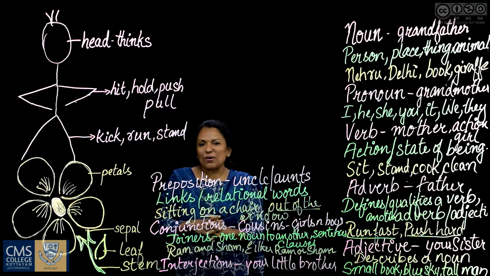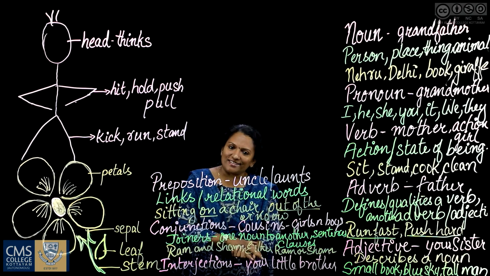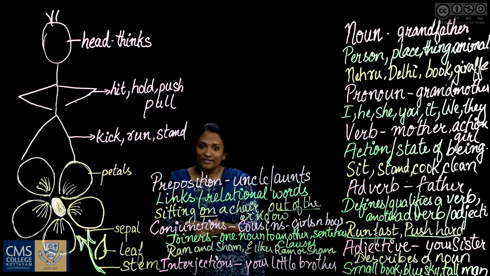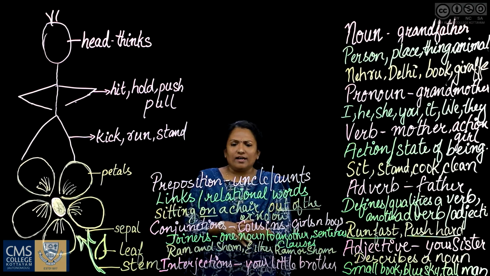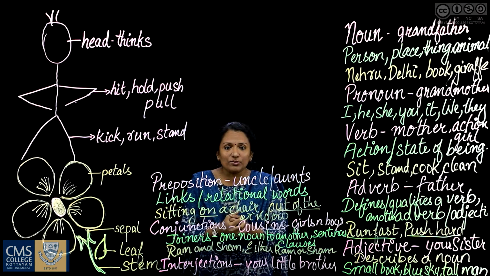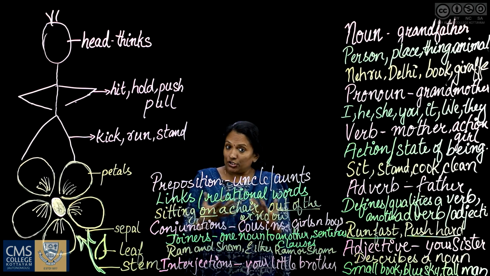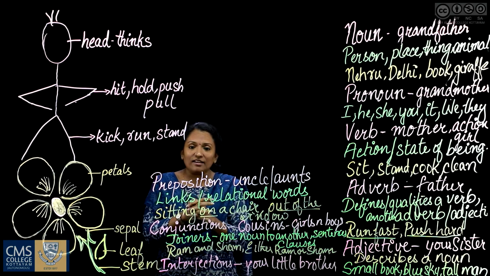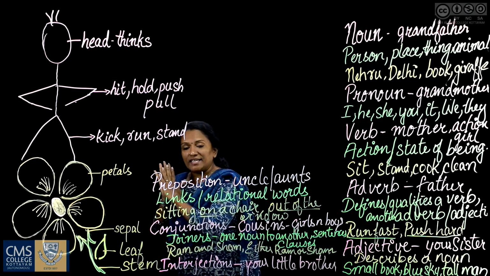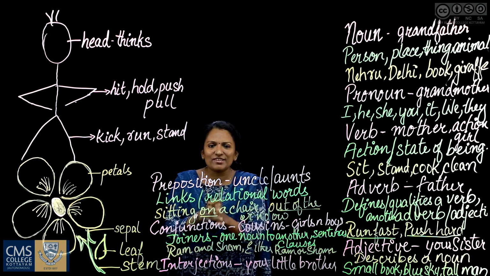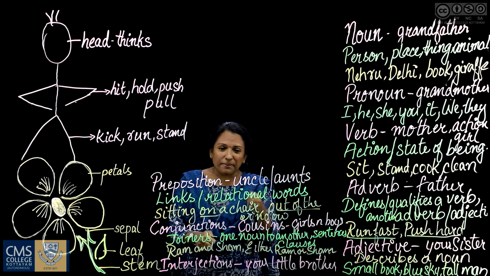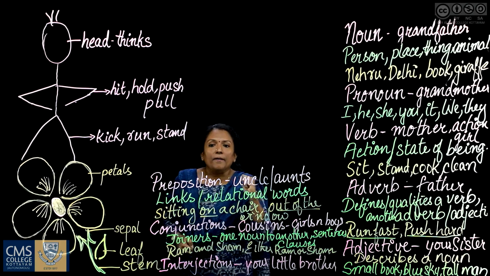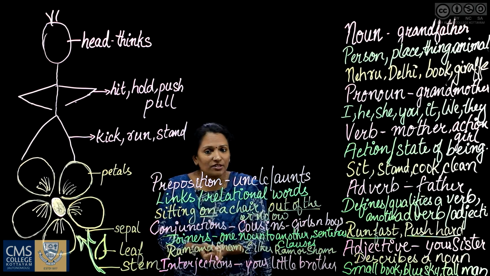Interjections, I would call, are your little naughty brothers, who cause you to either exclaim in joy or scream out in anger or move away in disgust. They can pinch you, push you, they can hit you, or they can embrace you and hug you.